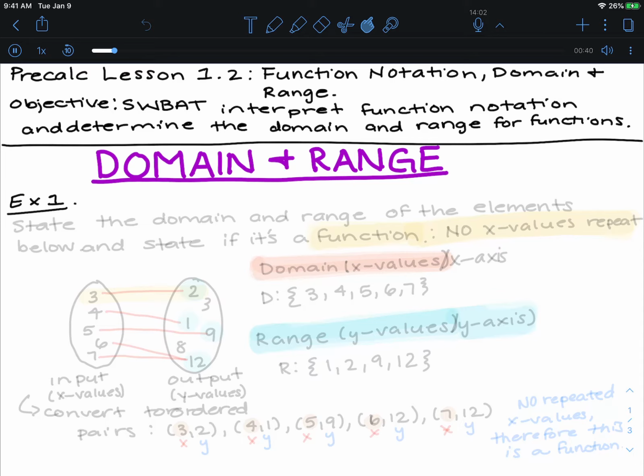Okay, which we are going to state the domain and range of the elements below, and state if it's a function.